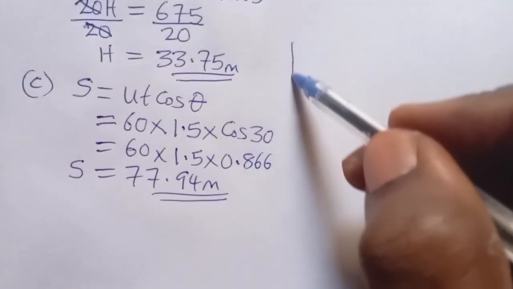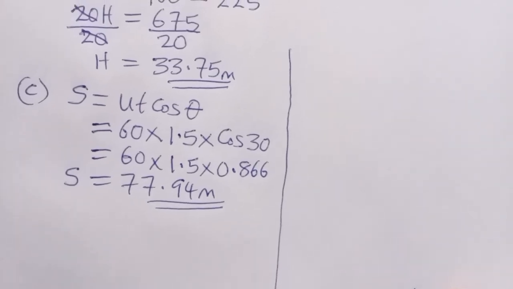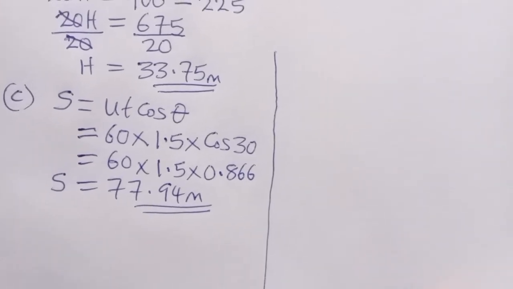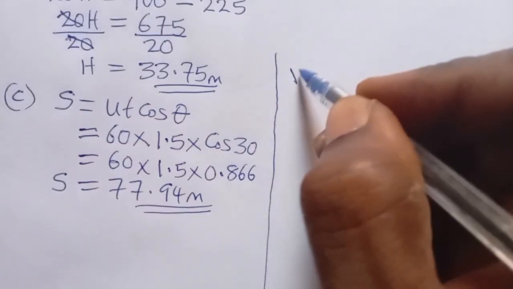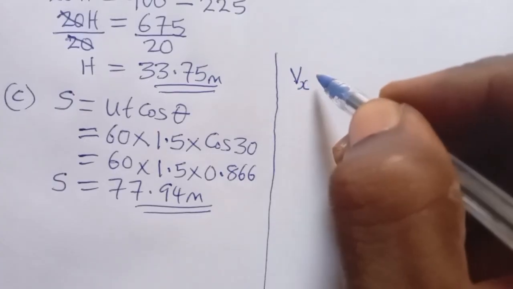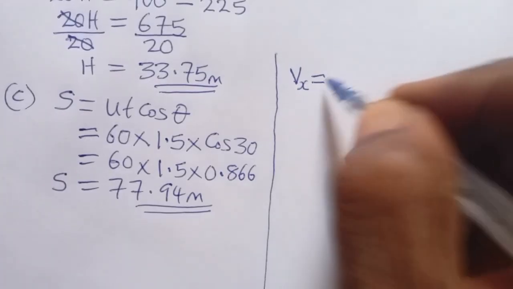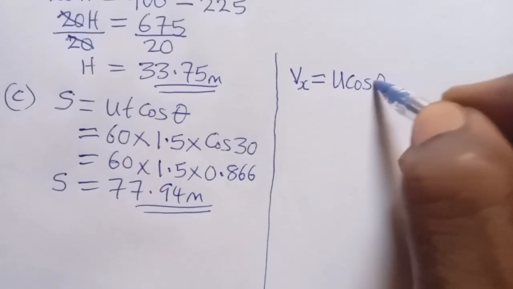So let me just rule a line here so that I can solve it here. So the horizontal velocity here, we'll use the formula that says that the Vx, now don't forget, horizontal velocity is Vx, vertical is Vy. So horizontal velocity Vx is equal to u cos theta.